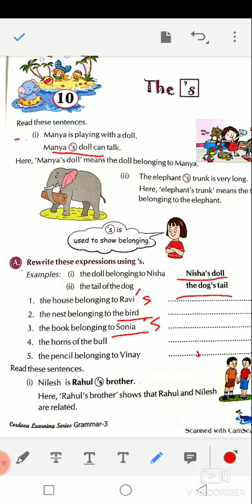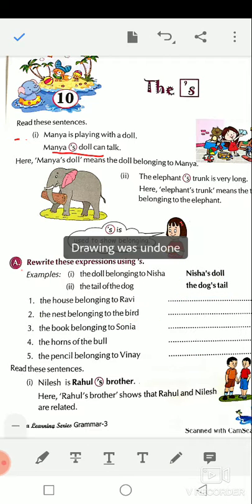The pencil belonging to Vinay means this pencil is of Vinay. Vinay is the owner of this pencil, so we can also write Vinay's pencil. So this is the first rule: the apostrophe s shows belonging, that we are talking about a thing that belongs to someone or something.